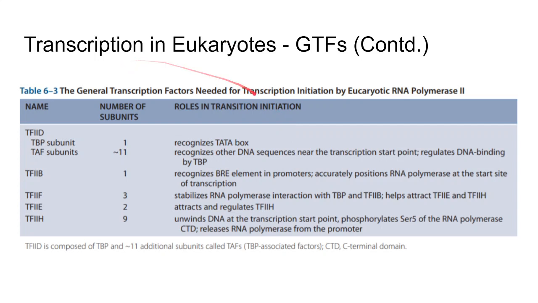Anyway, so what are these general transcription factors? So these are most of the general factors, and you can read their roles in transcription initiation. So the TF2D was the first one, having a TBP subunit, the Tata binding protein that recognizes the Tata box.